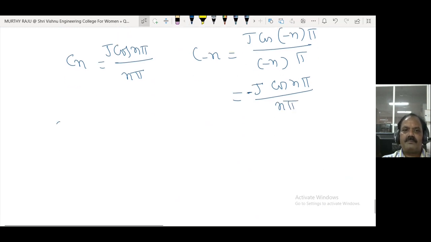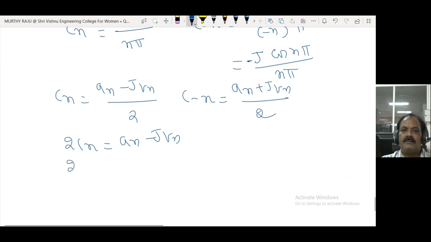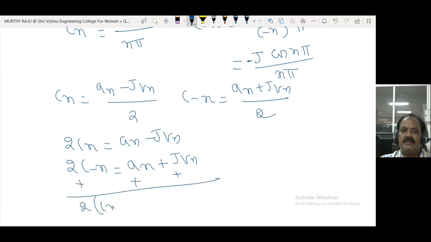We know that Cn is equal to an minus jbn by 2. C minus n is equal to an plus jbn by 2. 2Cn is equal to an minus jbn. 2 C minus n is equal to an plus jbn. Add these two equations. 2 into Cn plus C minus n is equal to 2an.